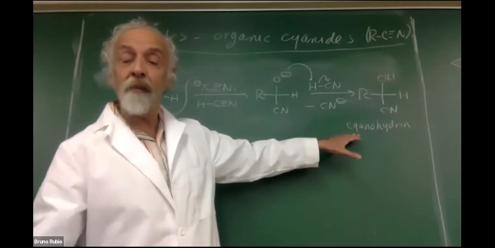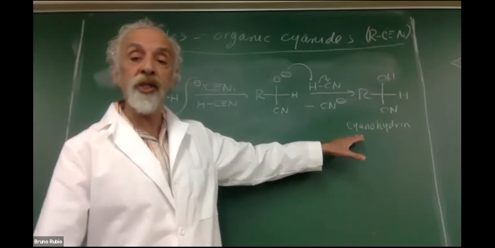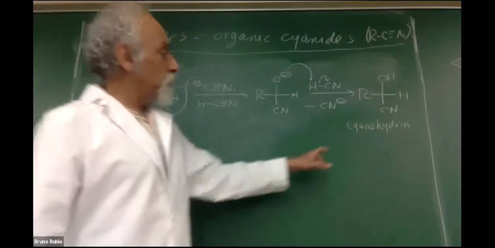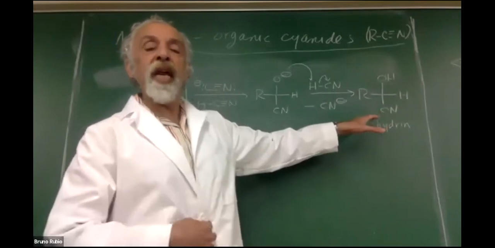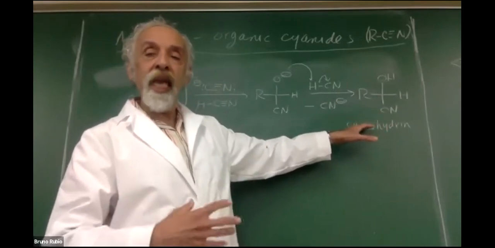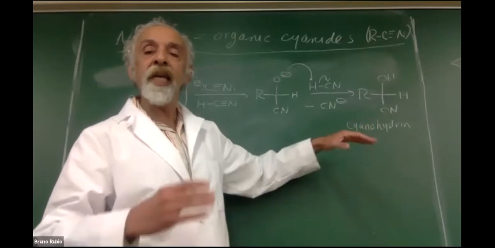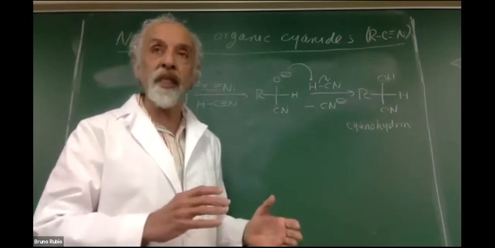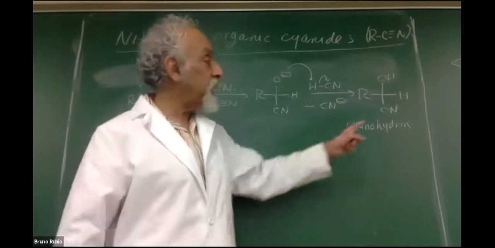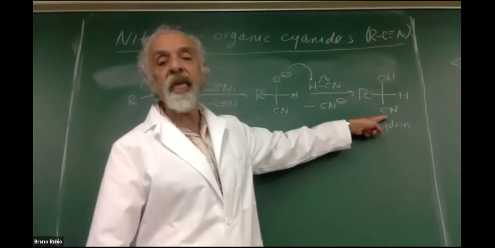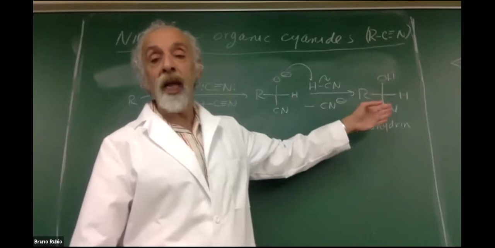They are compounds that are found in biological systems. You have inside your gut enzymes called nitrile lyases, and what a nitrile lyase does is it clips the CN group off of molecules.